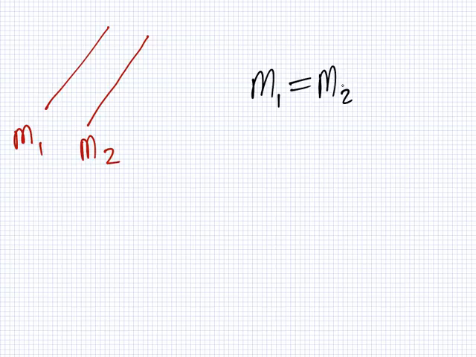What about if they're perpendicular? Does anyone remember their relationship if they're perpendicular? So this is M1, and then this line has slope M2. Yeah, something to do with M1 by M2.